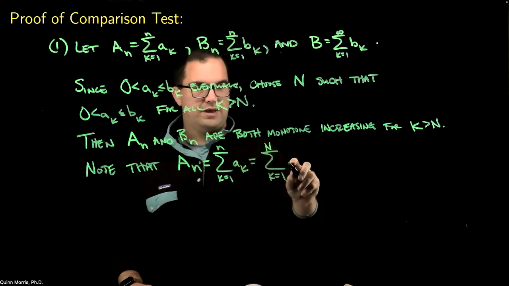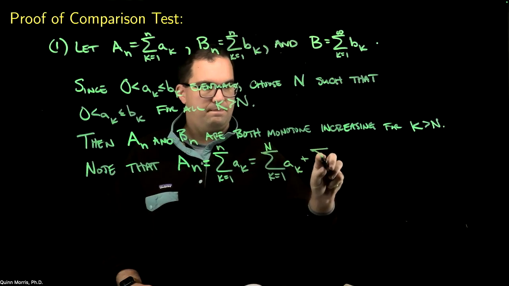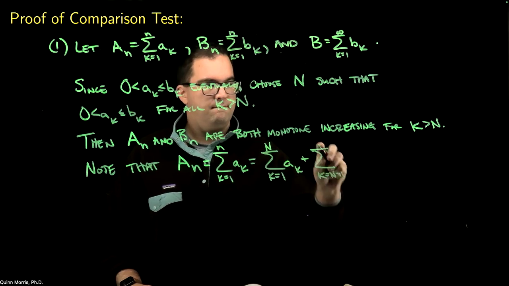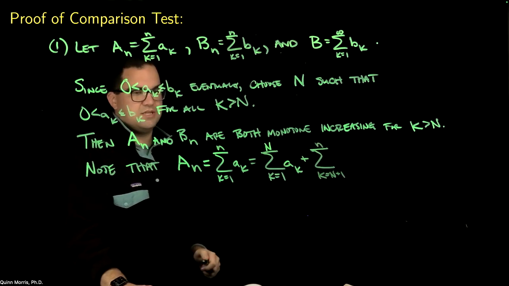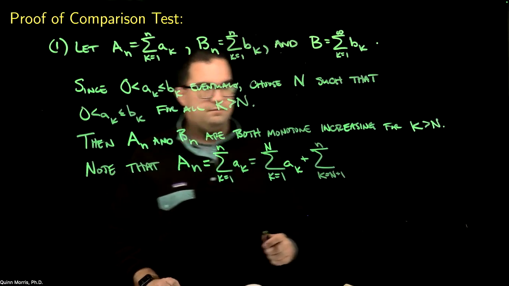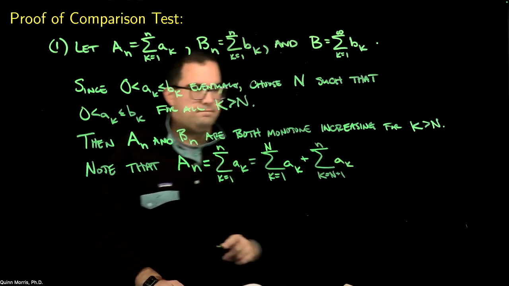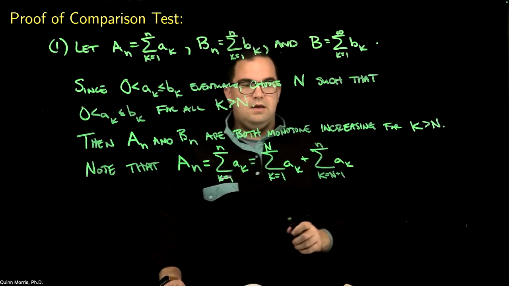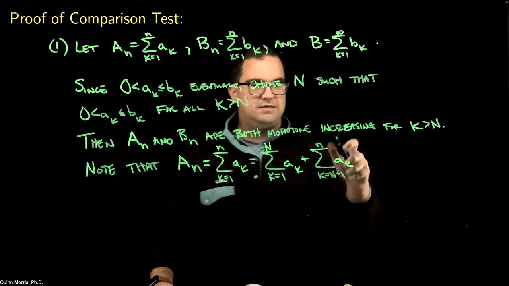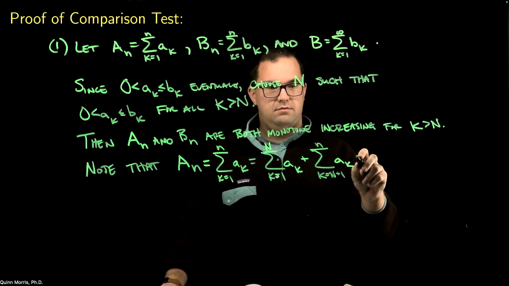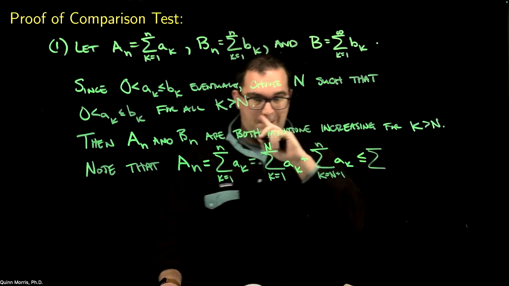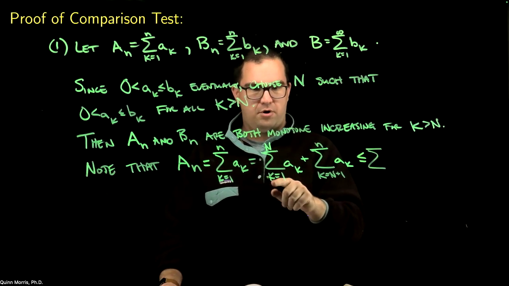I'm going to go up to capital N. Now here I'm assuming this can really only work when little n is greater than capital N, and that's fine. Okay. And now what do I know? Well, I know that this will be less than or equal to, and I'm going to leave this first part alone.